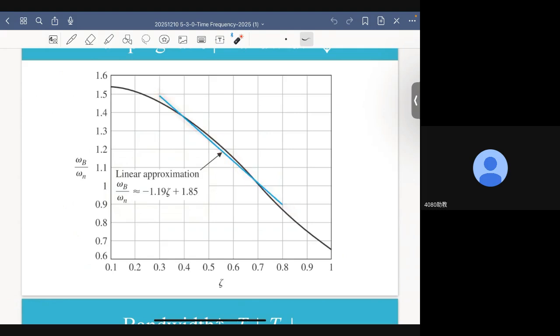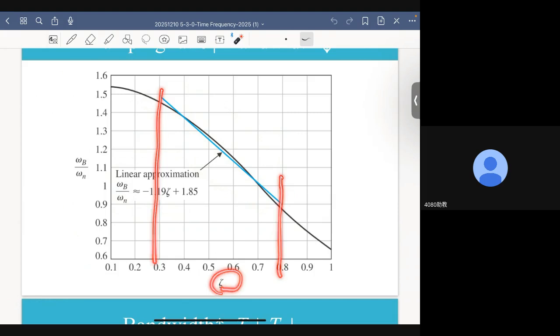As you can see, the discrepancy, that is the difference between the real curve and this approximation, is very small when the damping ratio is in the interval from 0.3 to 0.8.